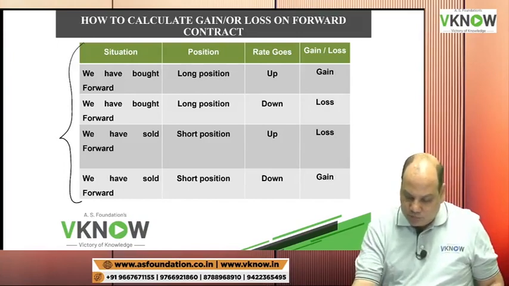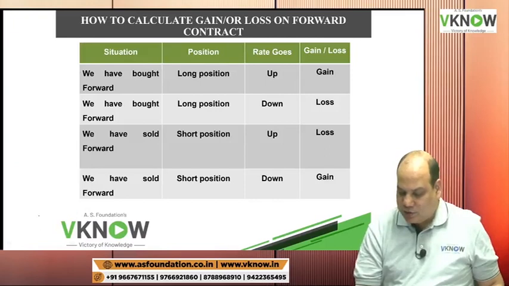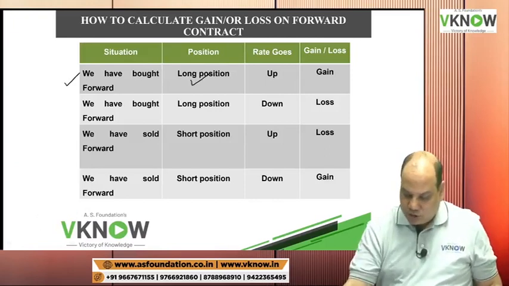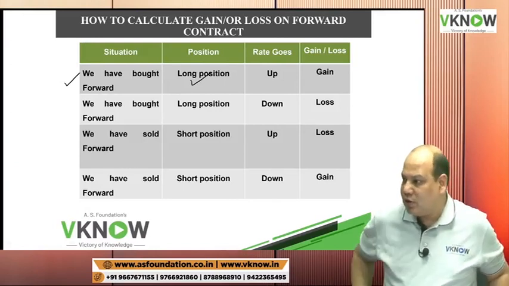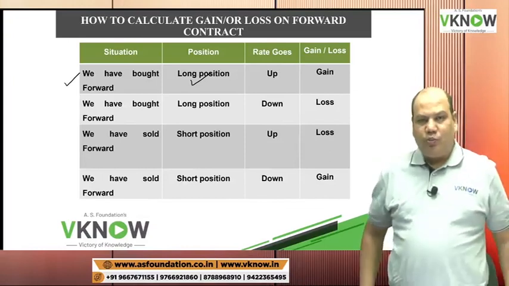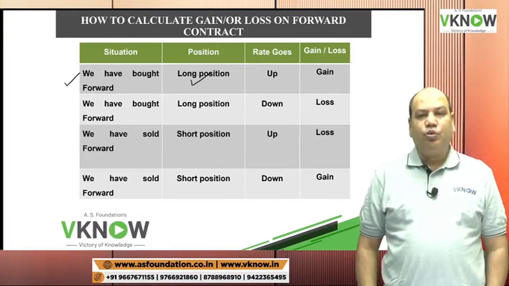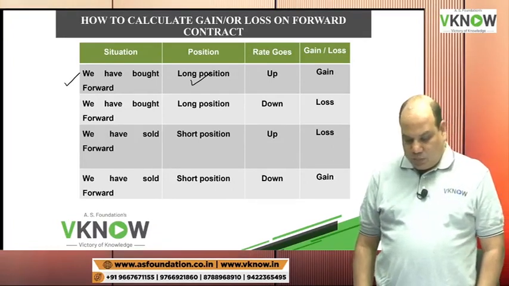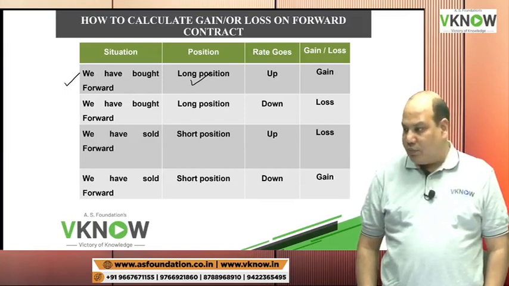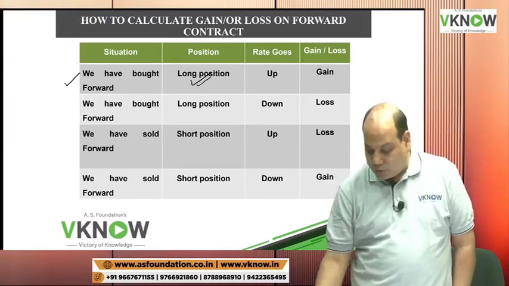So situation number 1, we have bought forward, like this example of Gopal, which is called long position. This is a technical word. In your exam, if they say Gopal has entered into a long position, it means Gopal has entered into a forward contract to buy. He has contracted to buy.